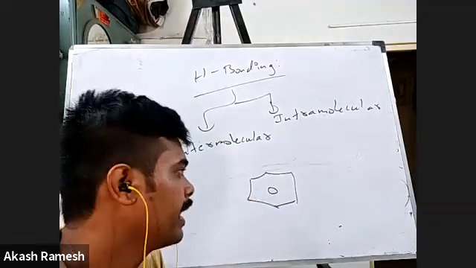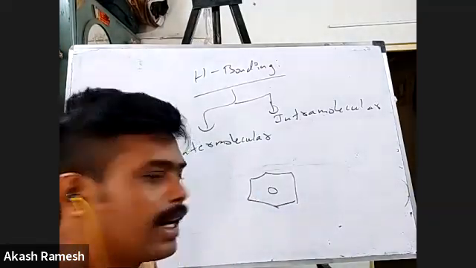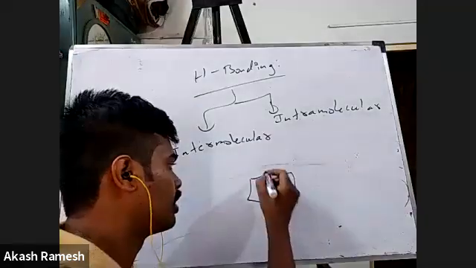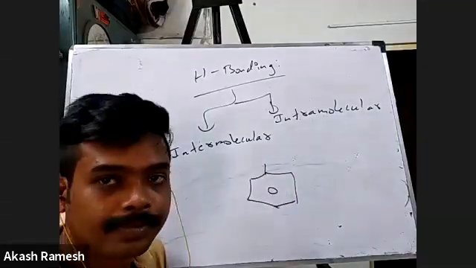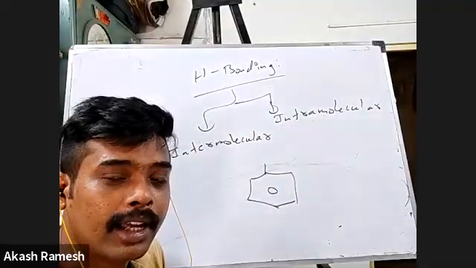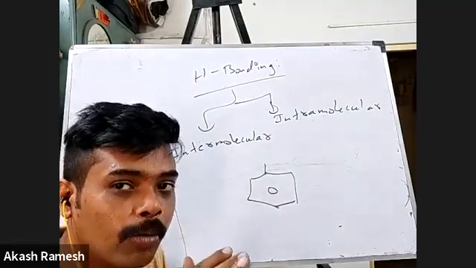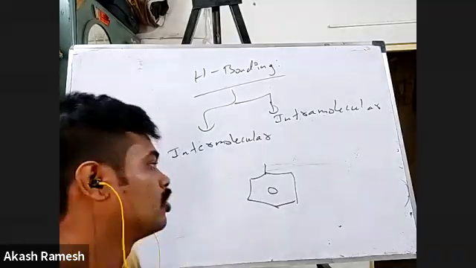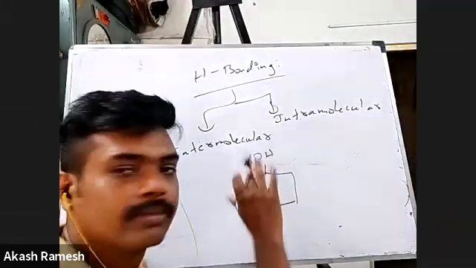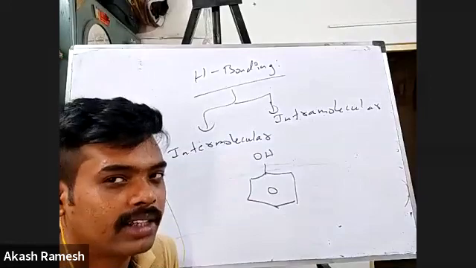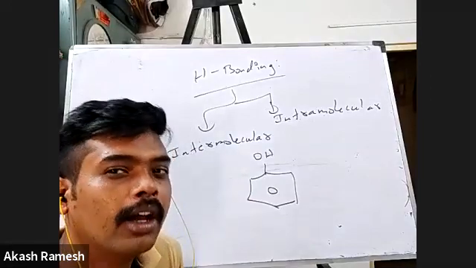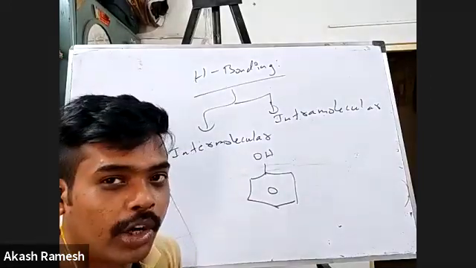Now please understand that when I have only one substituent, say I have one group here, and I'm going to put a second group also. Assume there is OH here, an alcohol. This is not exactly an alcohol, it's called phenol, but we don't have to go into the details.